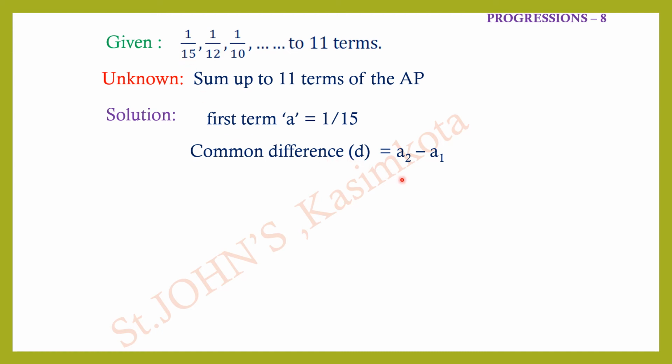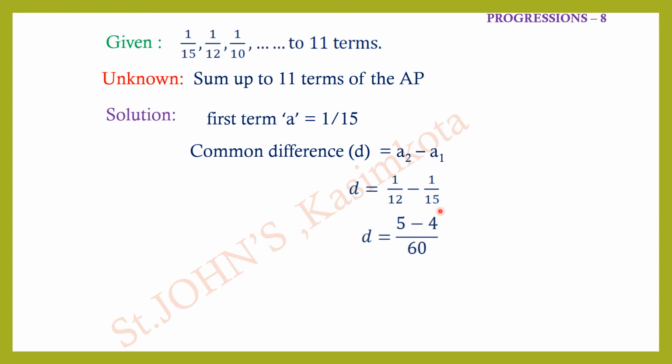Write down these two numbers in the given place. Common difference d equals a2 minus a1, which is 1 by 12 minus 1 by 15. These two are fractions, so you have to find the LCM of 12 and 15. The LCM of 12 and 15 is 60. Are you clear?